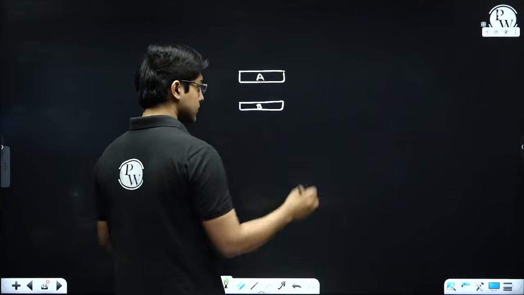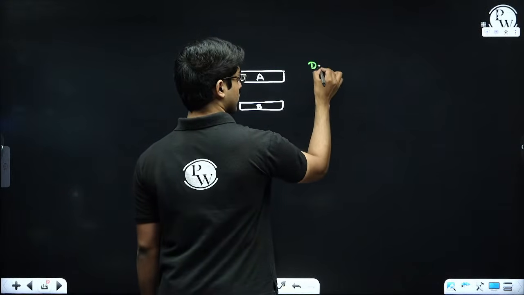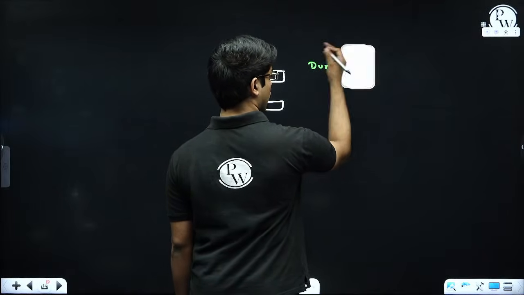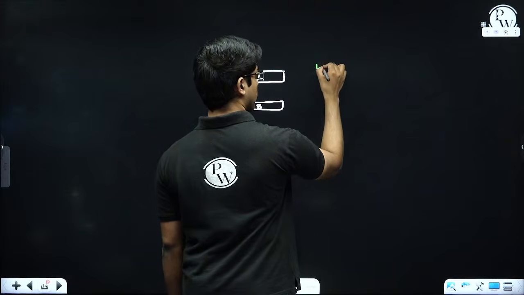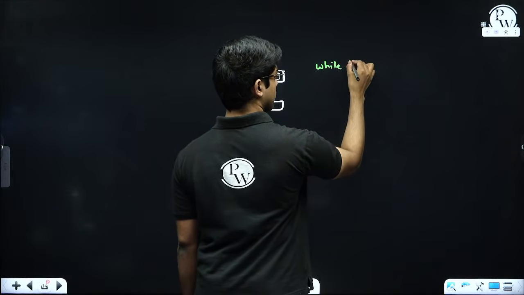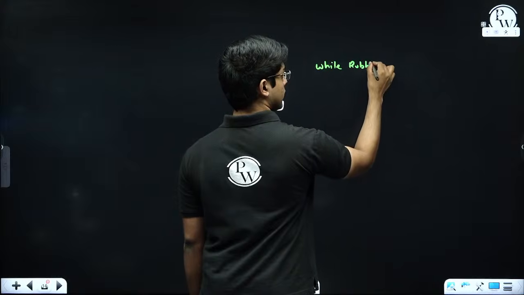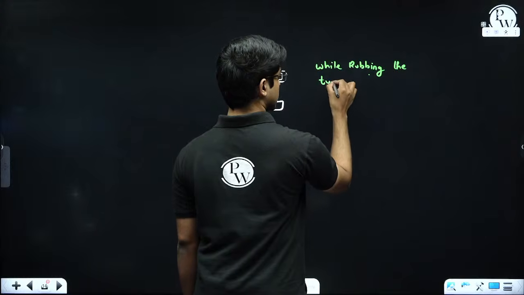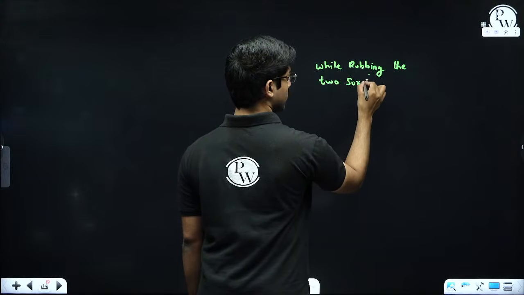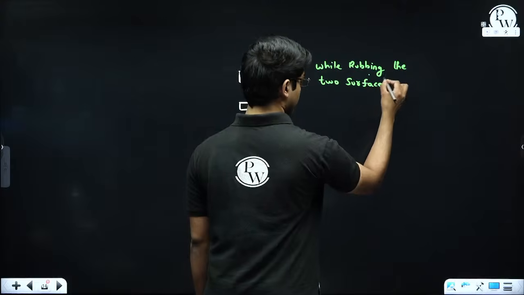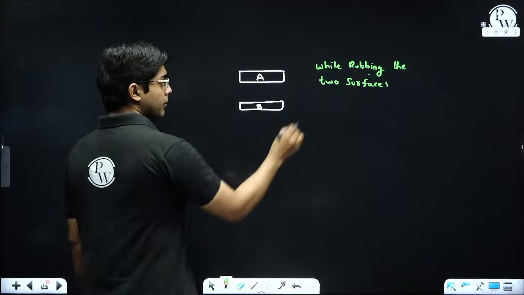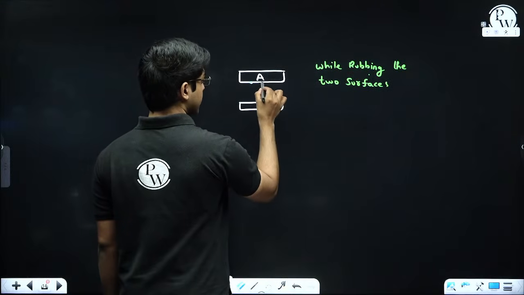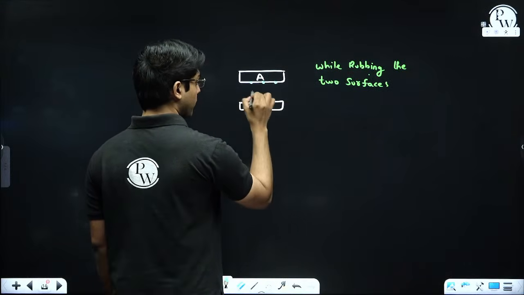So what happens is, while rubbing the two surfaces, these two materials, these are made of different materials, there is an electron transfer from one body to the other.